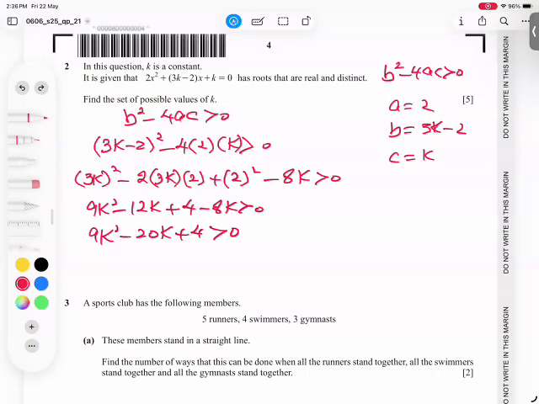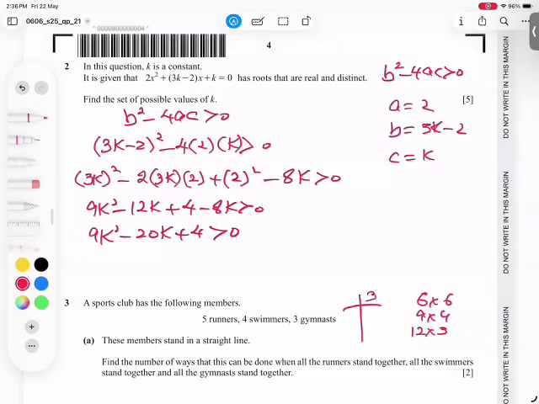So we have two possibilities here. 9 fours are 36, but let me check once again. We can apply the quadratic formula or factorization, so let me check the factorization of 36. We have 6 sixes are 36, 9 fours are 36, and 12 threes are 36.